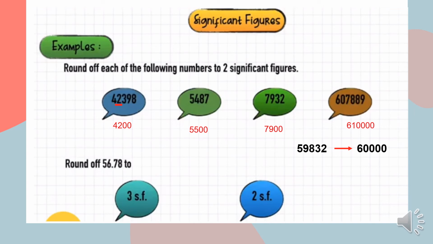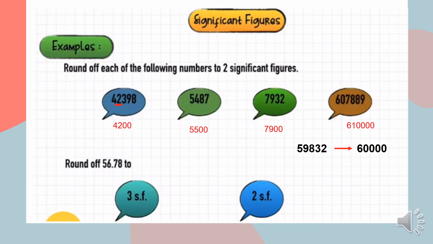Now what about the decimal? We have an example here, the number 56.78. I would like you to round off to 3 significant figures. Again, a similar thing: we have to underline the last of the 3 figures.